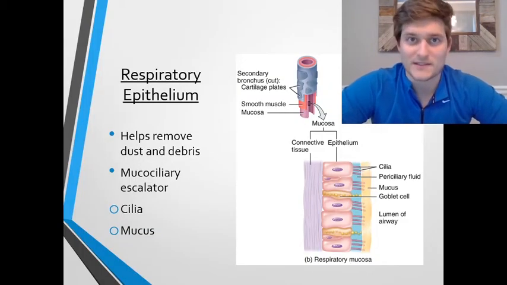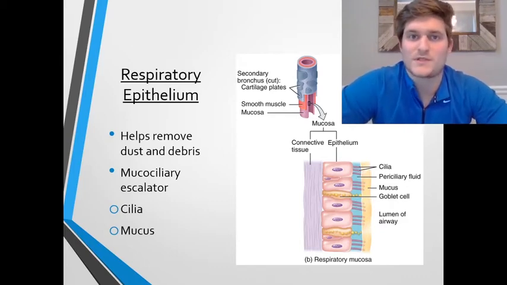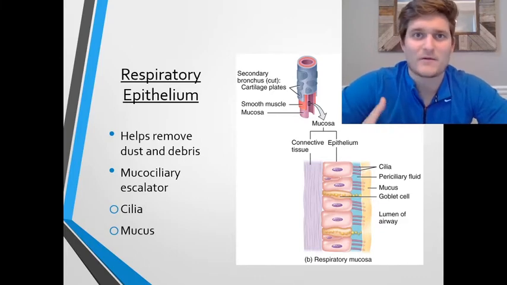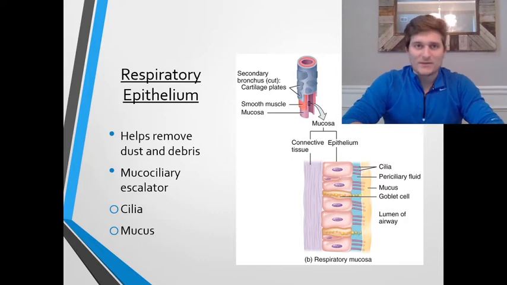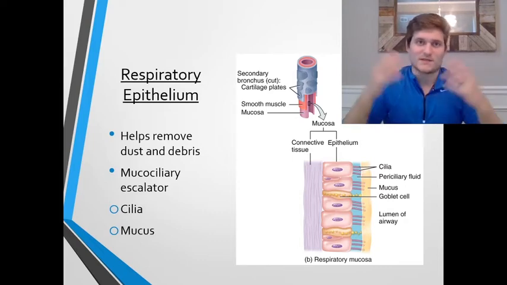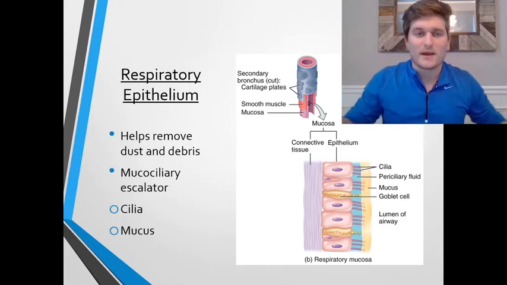Before I get into ventilation, I do want to introduce the respiratory epithelium, which is a group of cells that is going to help clean out our air pathways from dust and debris and different pathogens, different microorganisms, different particles that we don't want entering our air pathway.